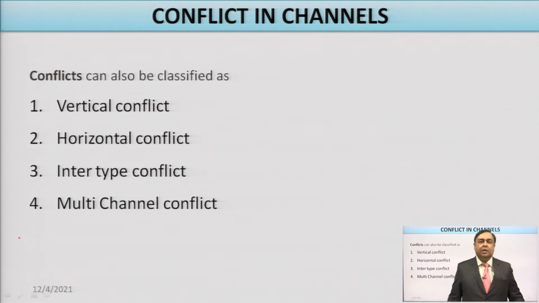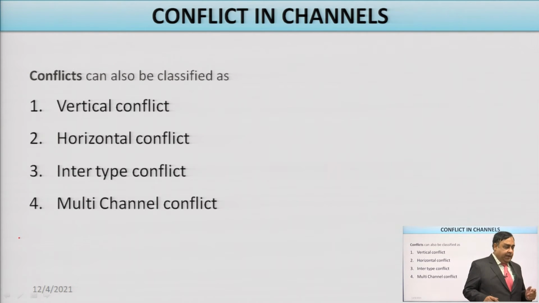If you recollect, in that class I told you that a marketing manager has to decide which channel he will opt for, in fact whether he will opt for any channel of distribution or not at all. And if he adopts one, he needs to make a compromise between the advantages he gets through appointment of this channel of distribution and the cost which he has to bear.